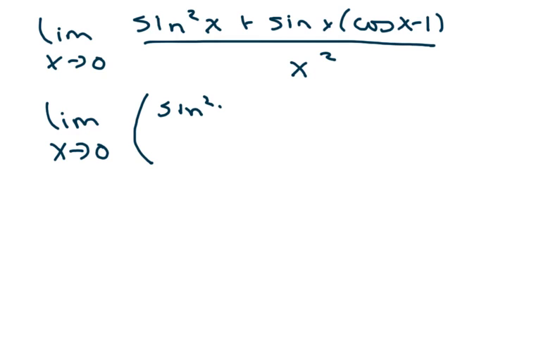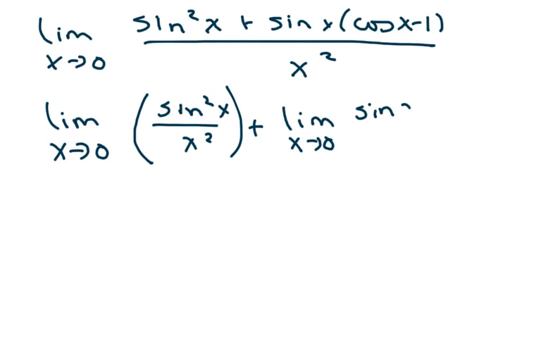Sine squared of x over x squared plus the limit as x approaches 0 of sine x times cosine of x minus 1 over x.